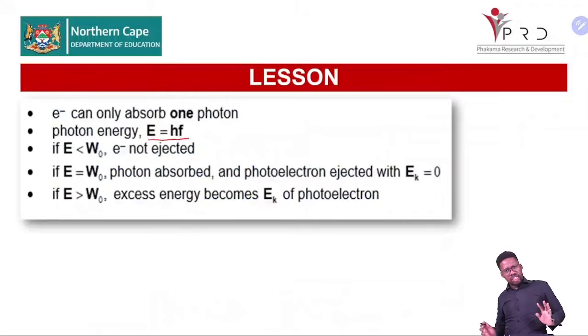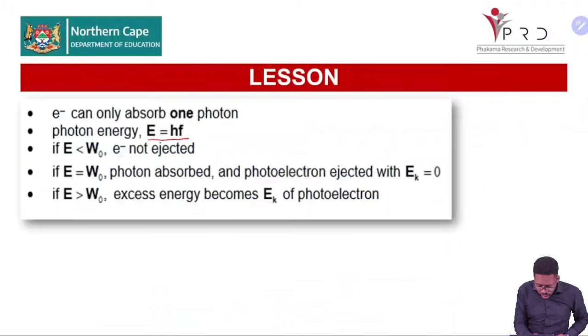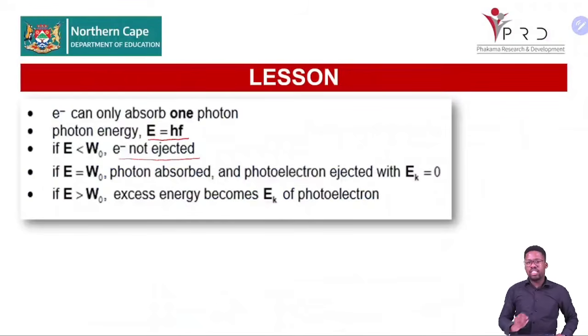But here are the conditions now. There are three. If the energy is less than the work function, remember what is the work function? It is the minimum energy needed to eject electrons from a metal surface. So if the energy is less than the work function, then photoelectrons will not be ejected.